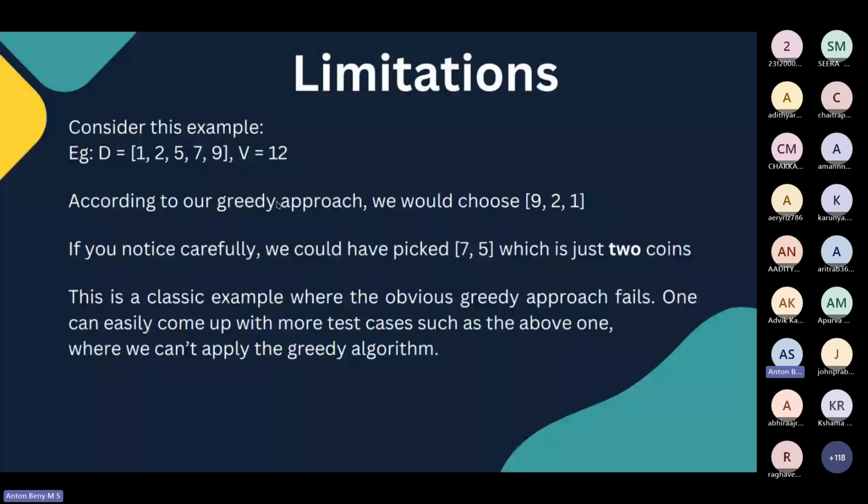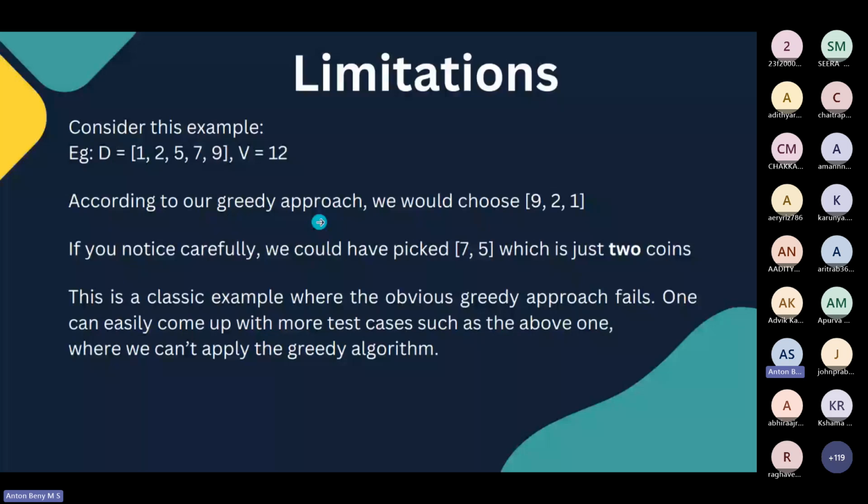Option C. If you looked at the multiple choice question, 1, 2, 3, 5, and 6, and you need a value of 10. Using the greedy approach, you would choose 6, and you need the remaining 4, and your choices are 1, 2, and 3.